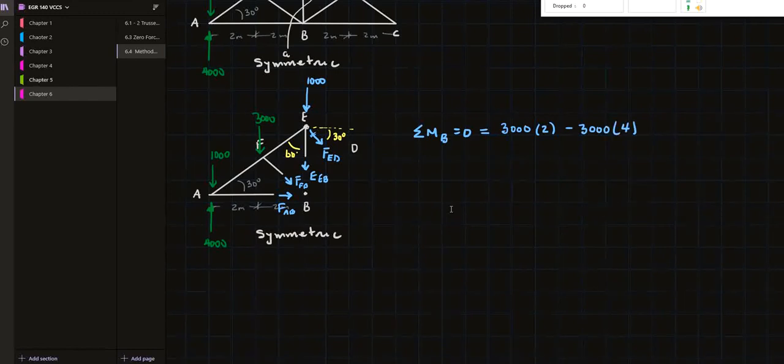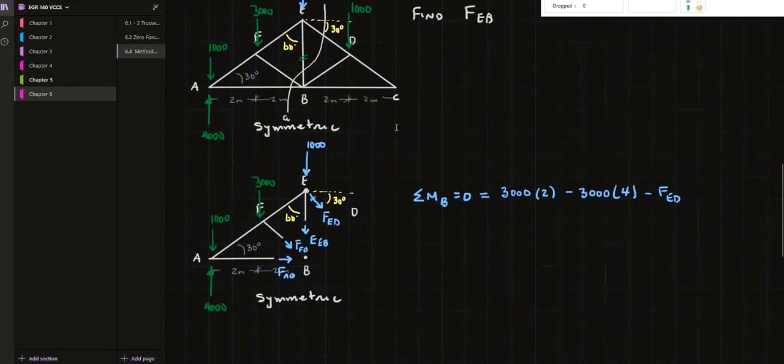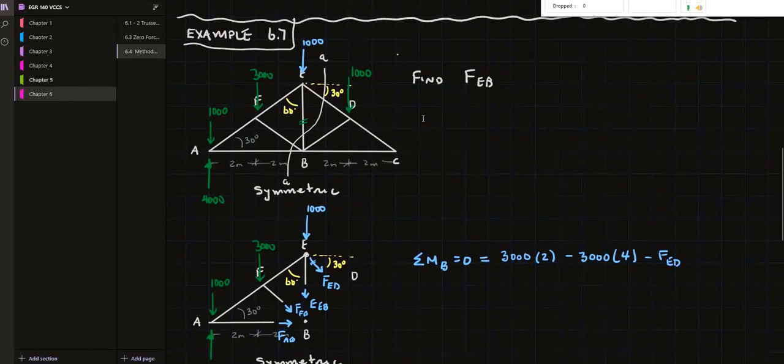And then I've got this FED heading in a negative direction, FED, with this moment arm, which we're going to have to calculate. So if this is distance of 4 and these are 30, that makes this 60 up here.